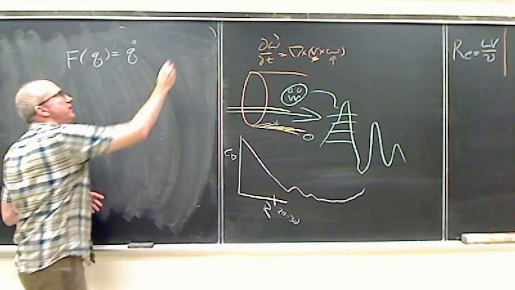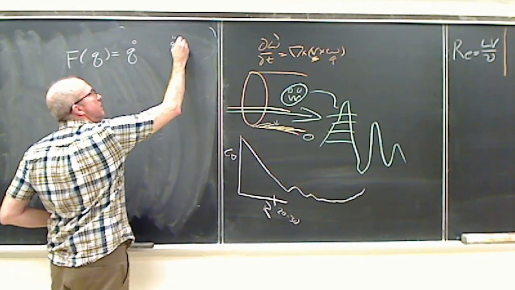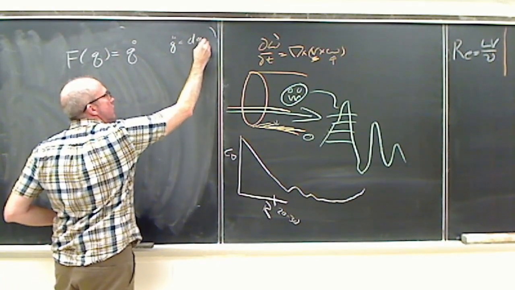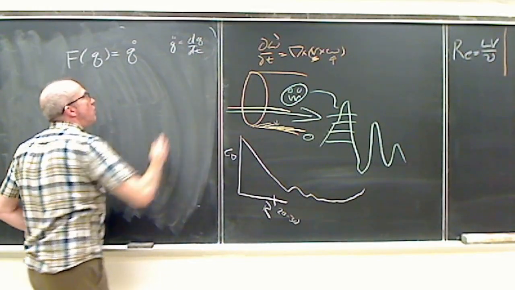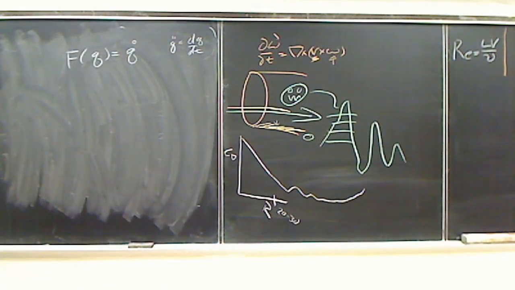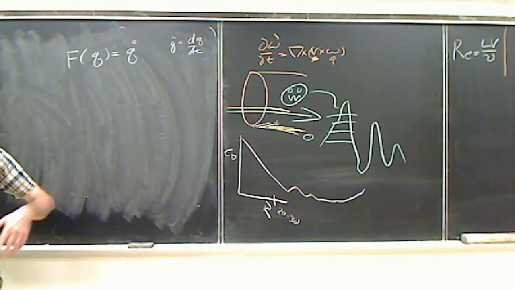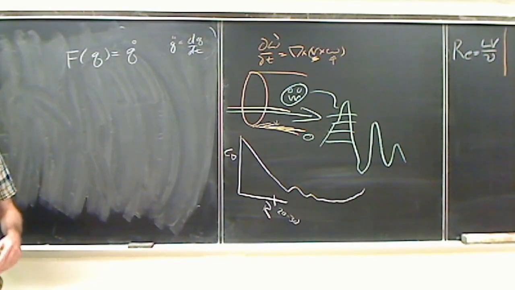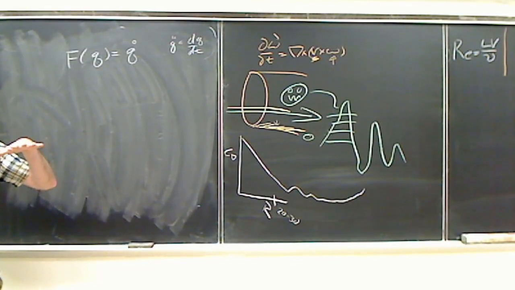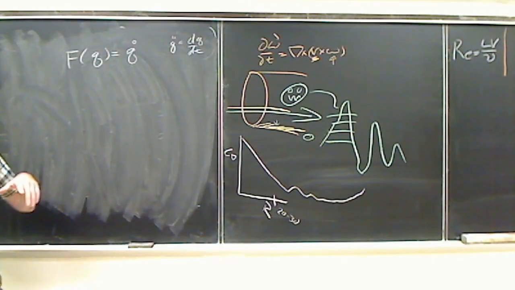Dot is dq dt, where q could be spatial position or really whatever. Or you could have a more elaborate function, like some function of the derivatives, but we're going to stick with this general but not completely general argument.